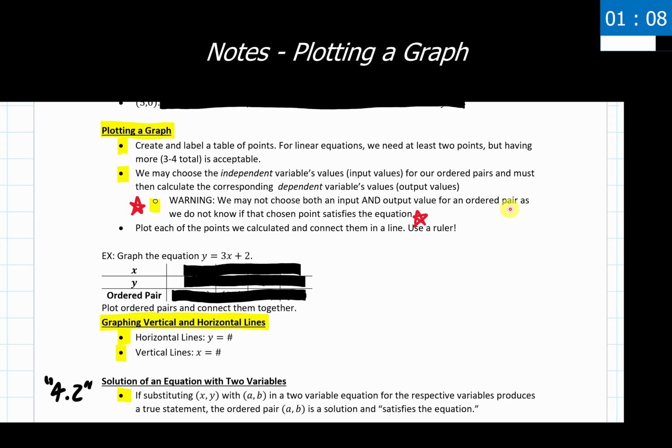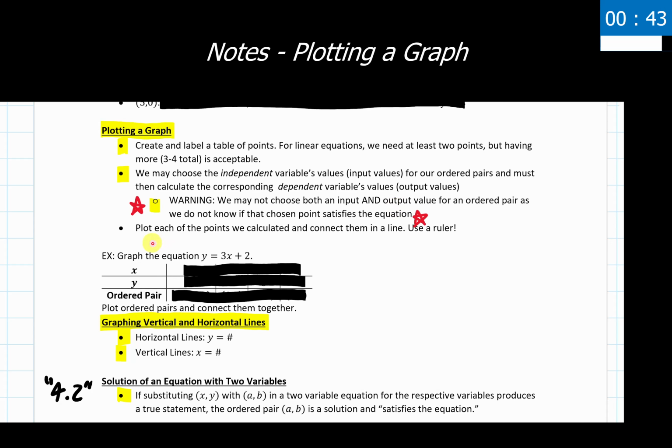Maybe it is, maybe it isn't. You don't know. So we can only choose an input value, and then we calculate what is the corresponding output value that goes along with it for this specific equation that we've been given. So you can only choose one. You can only choose the input value. We have to calculate the output value.